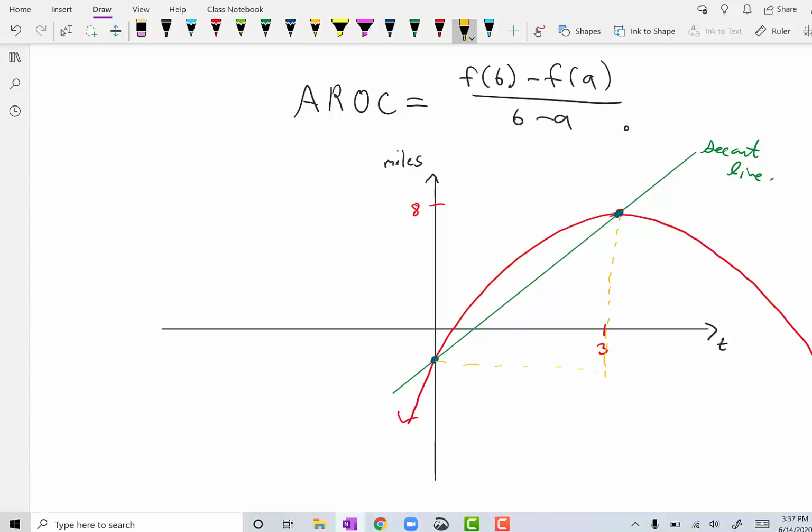Because the vertical distance is s of 3, which is 8, minus s of 0, basically this distance. And then the horizontal distance is the larger number minus the smaller number, so that'll be 3 minus 0, which is just 3.